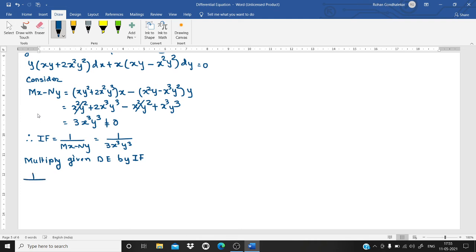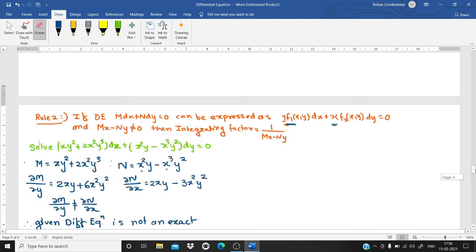Outside we write the integrating factor 1 upon 3x cube y cube into the bracket.